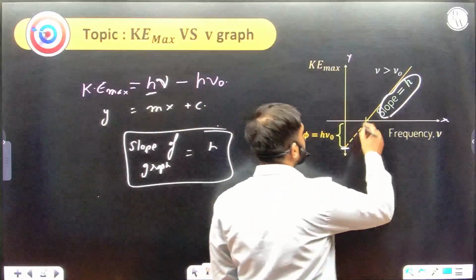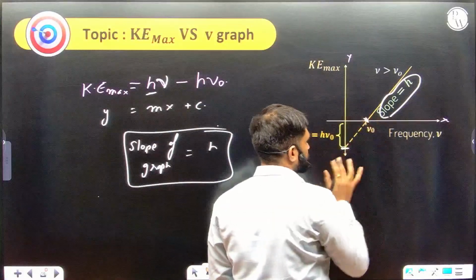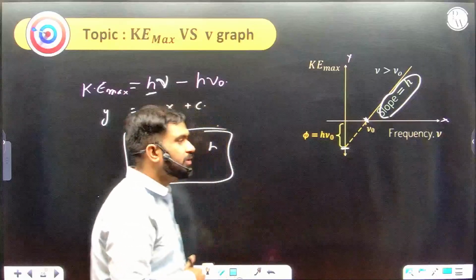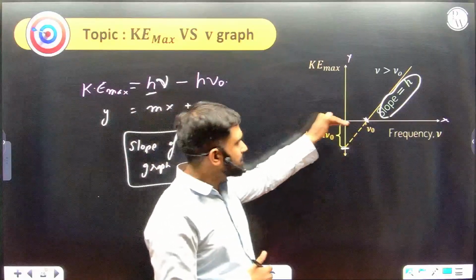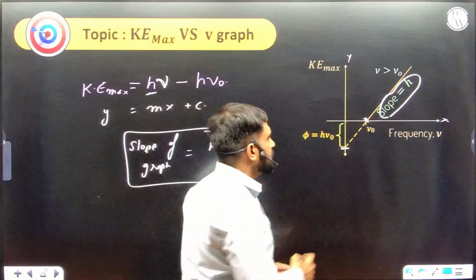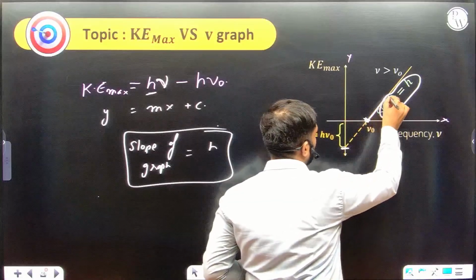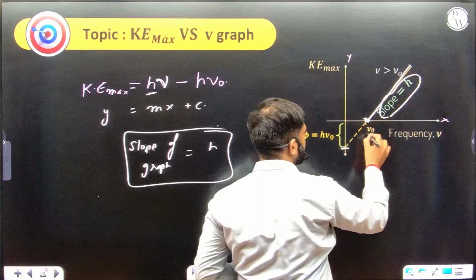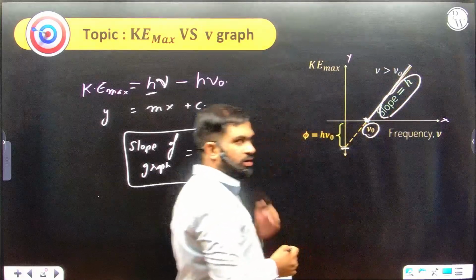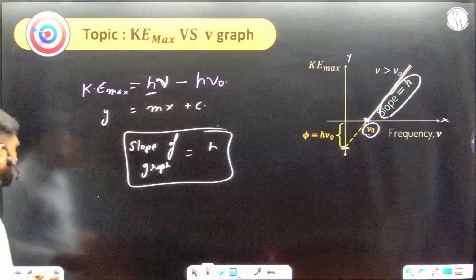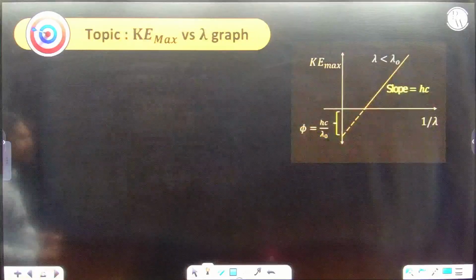Now, first of all, K max cannot be negative, so the graph cannot exist below the x-axis. So the starting frequency at which the photoelectric emission happens is your nu naught, the threshold frequency. Like this, we can draw the graph. So the graph is a straight line.